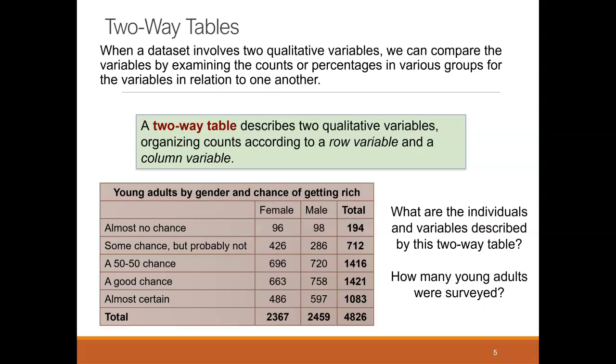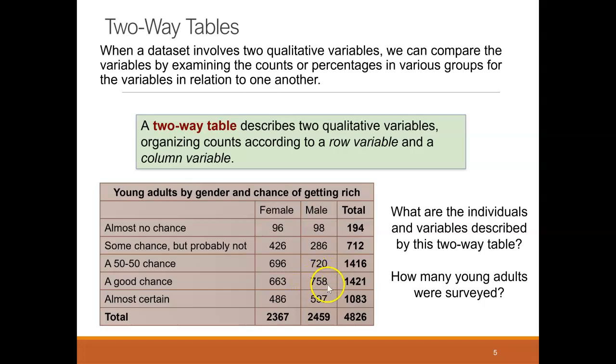Everybody's cool with that? If I look at this table, I can also read how many females were surveyed. If I look at the female column, that's 2367. How many males were surveyed? 2459. How many total individuals were surveyed? 4826. Kind of see how I'm reading this?